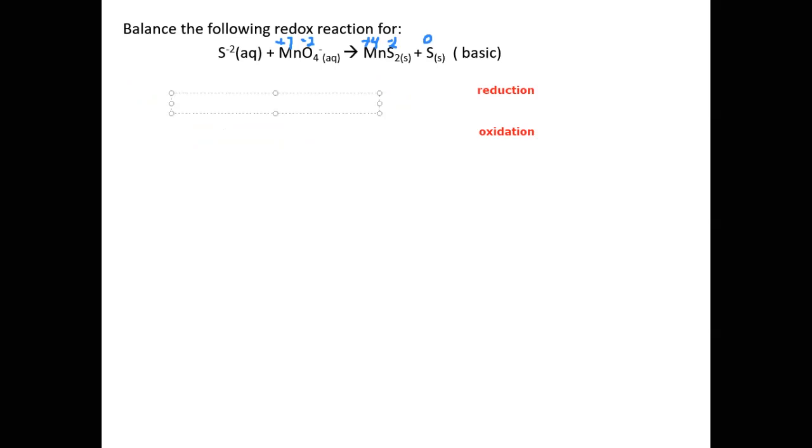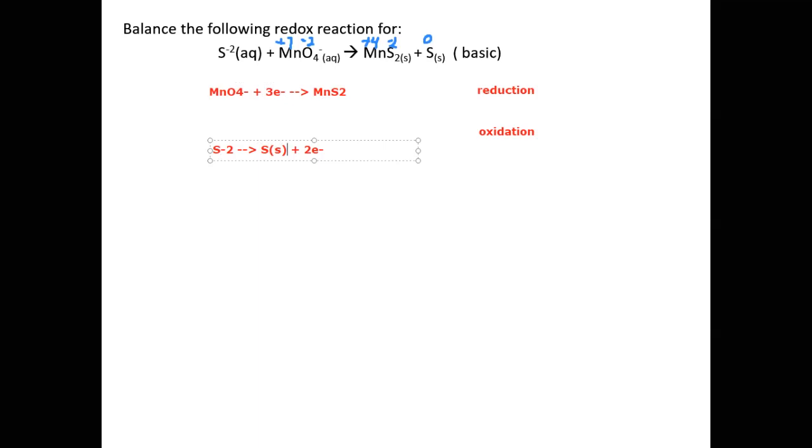So we have the reduction, MnO4 minus plus 3 electrons gives us MnS2. S2 minus gives us S plus 2 electrons, S solid.